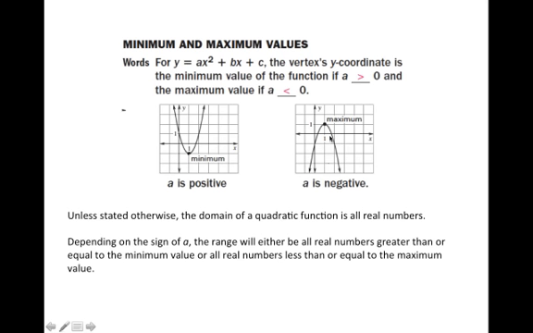When a is negative, the maximum value is going to be where the y values max out. The y values are going to come up from what we call negative infinity and then max out at that maximum value and then go back down.